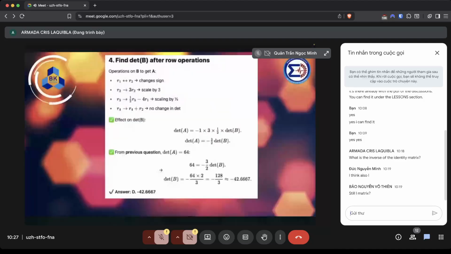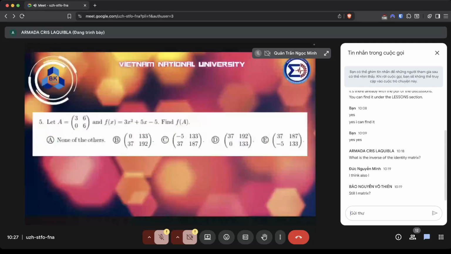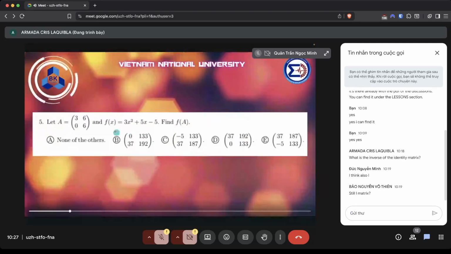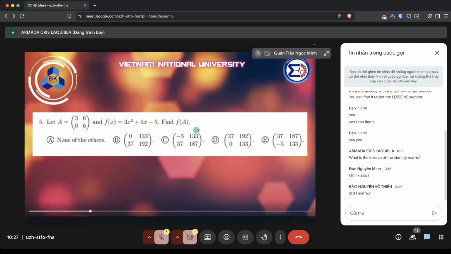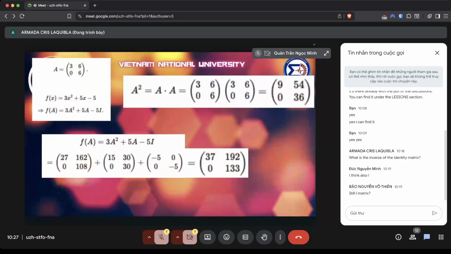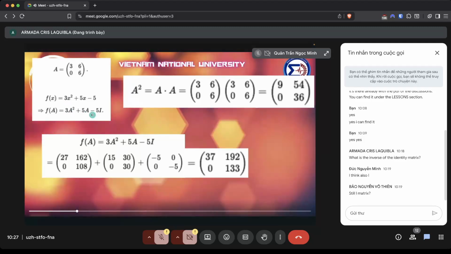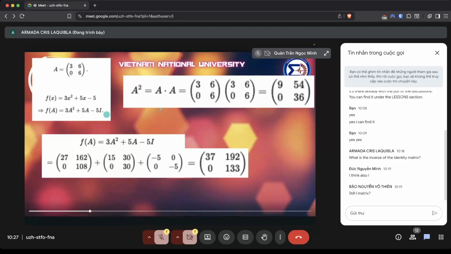Next, number 5. If this is your A, find f of x is this, find f of A. Oh, we have an example of this already. So we have there A squared because it's 3A squared plus 5A minus 5I. So we solve A squared first. 954, 036.